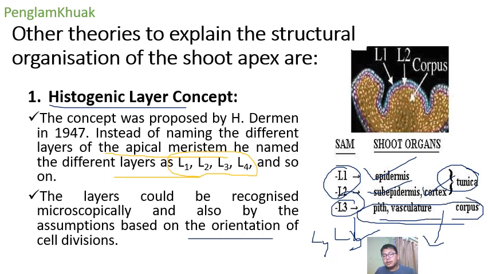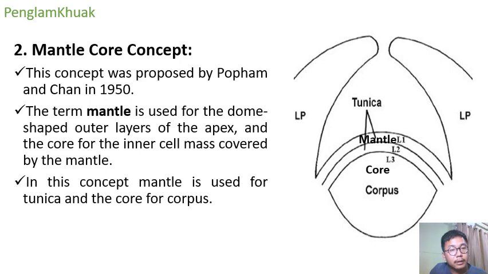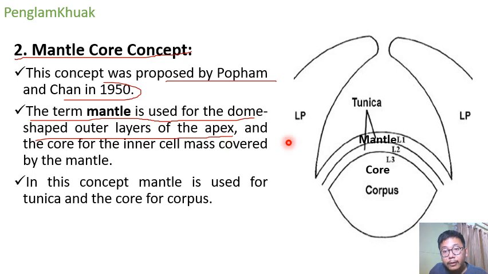The second theory is the mantle core concept, and this concept was proposed by Buvat in the year 1955. The term mantle is used for the dome-shaped outer layers of the apex. This dome-shaped outer layer of the apex is called the mantle, and the core or the inner shell is covered by the mantle.